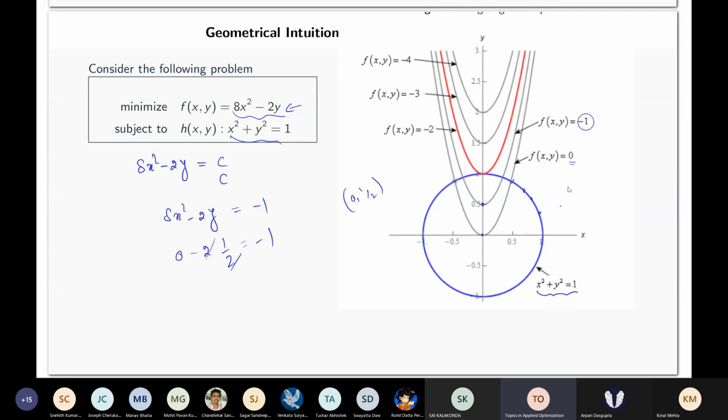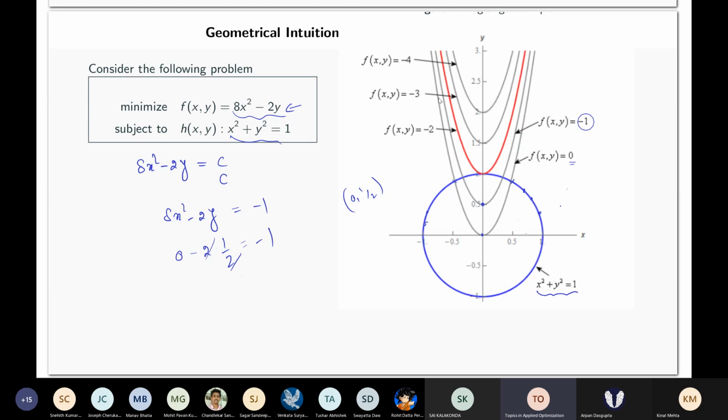We are not allowed to choose any other points outside, because that's the meaning of a constraint. So we have to move around this circle and find for which points on the circle the function value is minimized. That's the problem we have in hand.